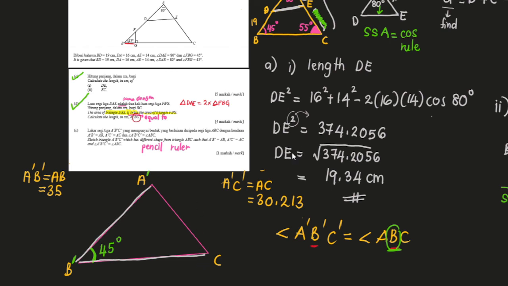So the only length that can move, that can change, will be the AC. Now you compare. AB is 35 cm. AC is 30.21. Which one is smaller? The smaller one only will move. So the not moving one, I'm just going to write here 35 cm.